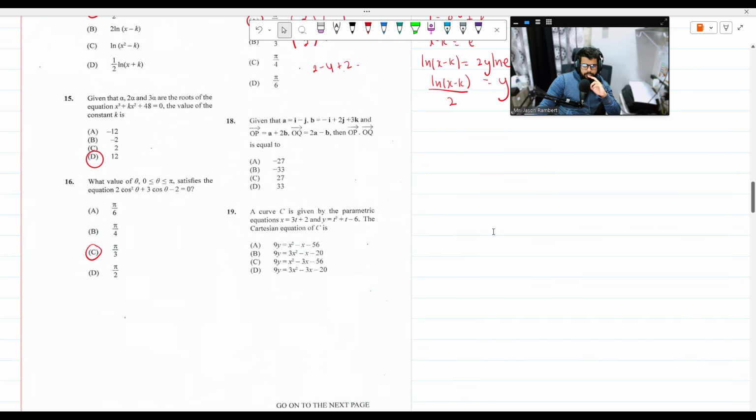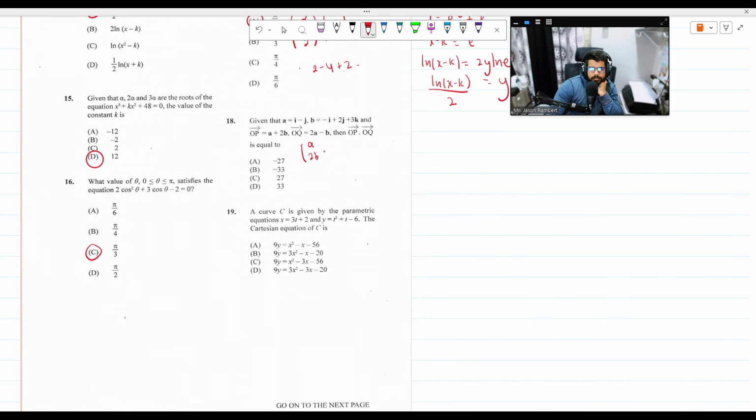A is i minus j, B is minus i plus 2j plus k, and OP is that, OQ is that. Alright, OP dotted with OQ is going to be, let me substitute the values. If I substitute them, then dot product them, it shouldn't make a difference, right? So let me dot product them first.